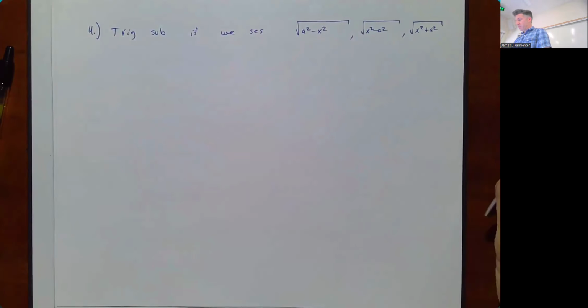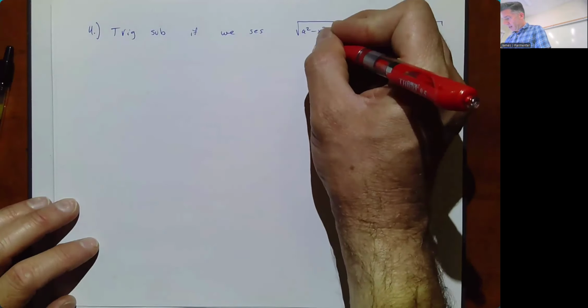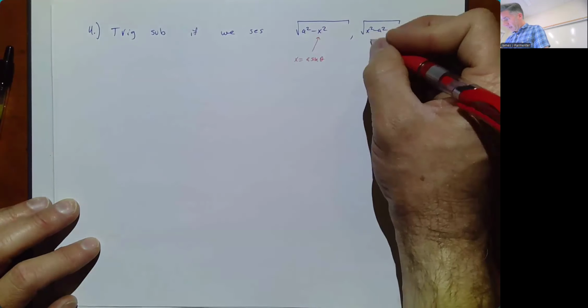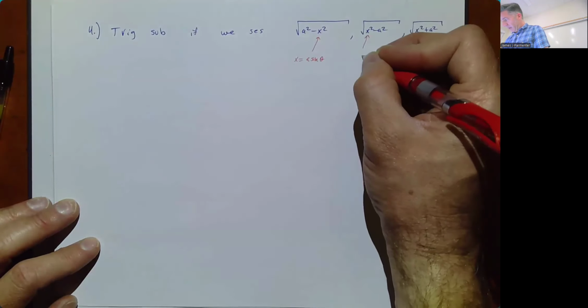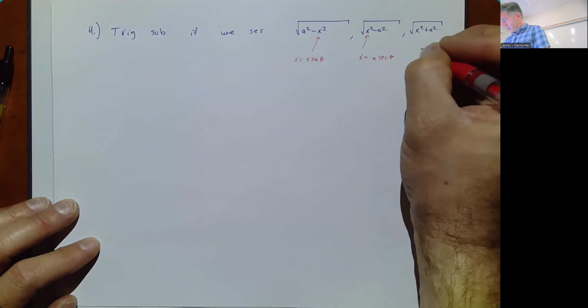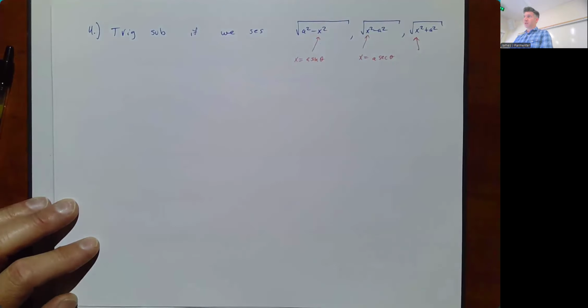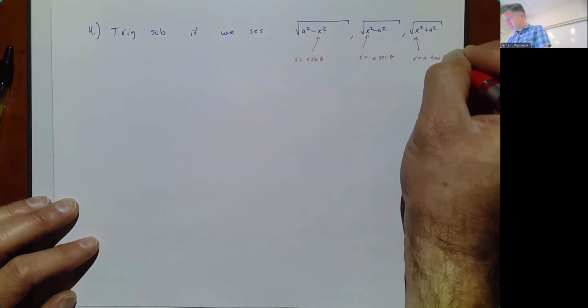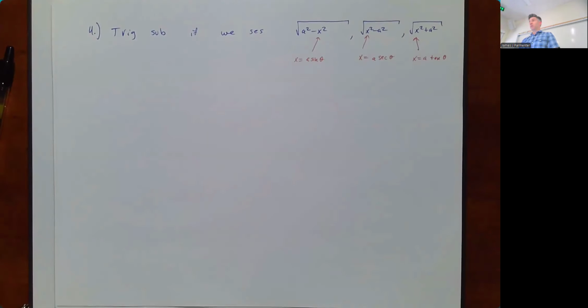For the a squared minus x squared one, you're going to let x equal a times sine theta. For the x squared minus a squared, you're going to let x equal a secant theta. And for the x squared plus a squared, or a squared plus x squared, you're going to let x equal a tangent theta.